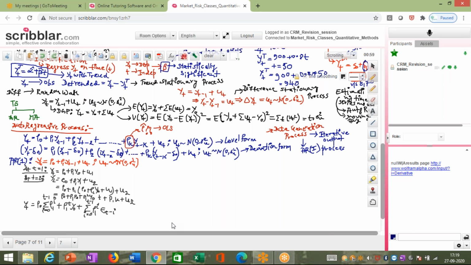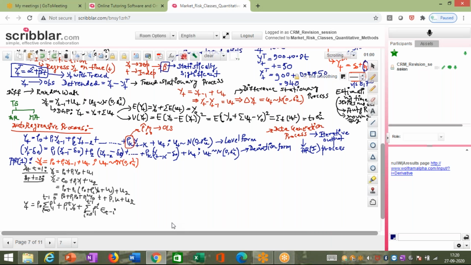So if, let's say, the lag YT minus 1 has an impact of 0.02 with YT, and YT minus 2 has 0.013 with YT, then it is the sum of all these impacts, each to the power of that lag.